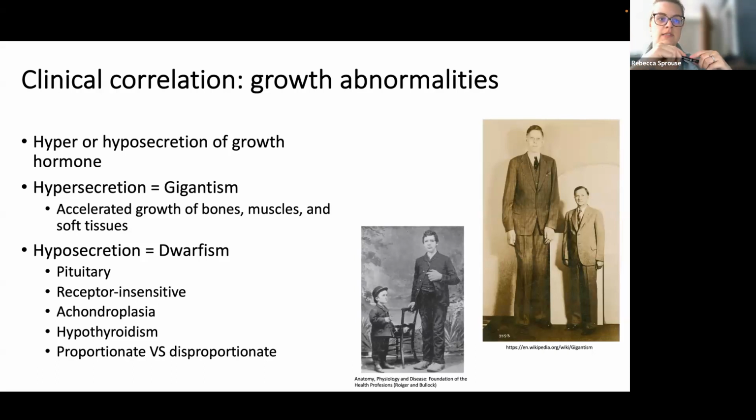So just like it sounds, proportionate would be when maybe the head, the hands, the feet, and the organs are all proportionate to their stature. But disproportionate would be those folks with maybe an abnormally large head or abnormally large heart or something like that, where it's not proportional to their actual stature.